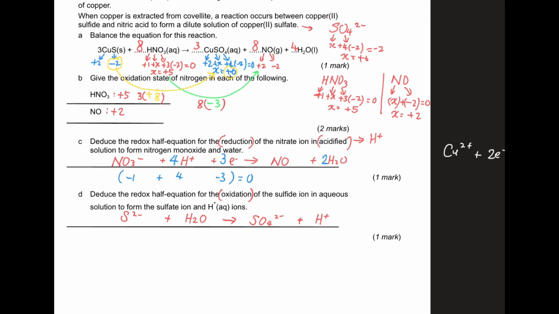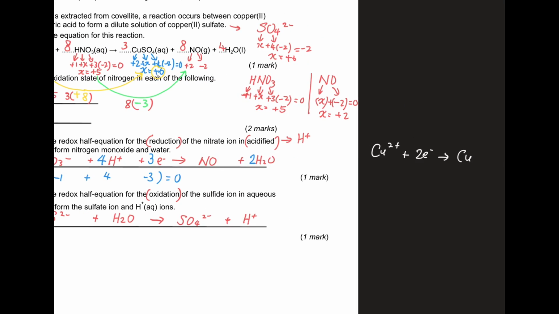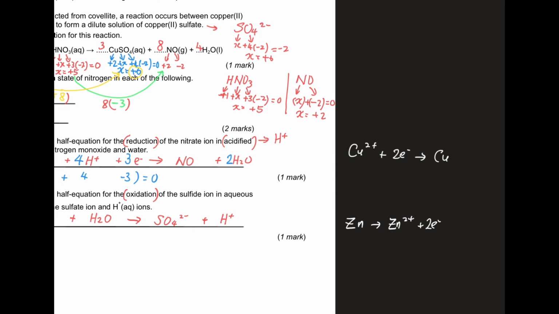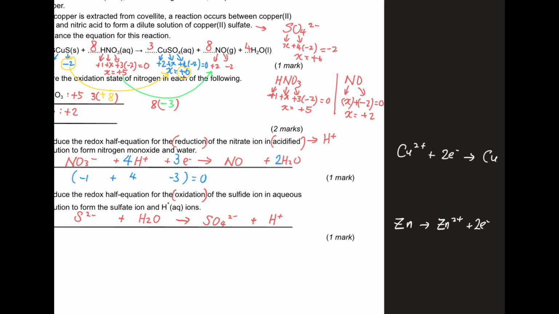So a basic example is like the example that we learned maybe last time: zinc to Zn 2+ plus 2 electrons. And this is oxidation. You can see electron on the right, and you can see this is an increase in oxidation number. So this is where we should know, electron is on the right.